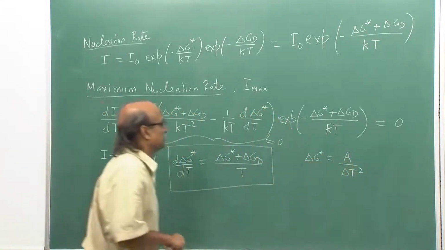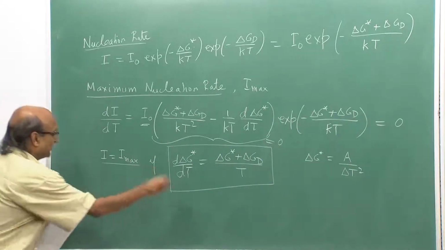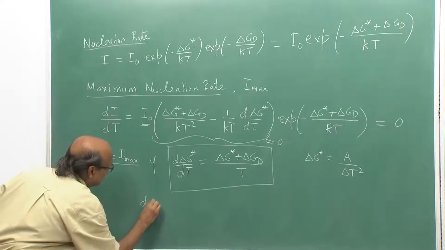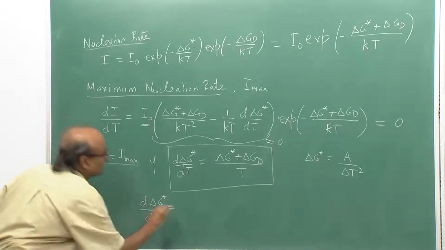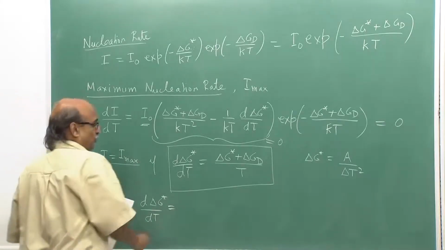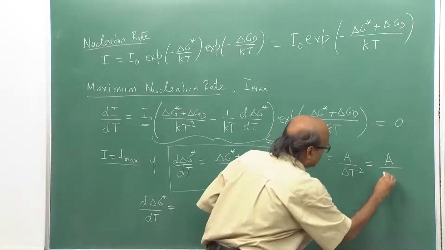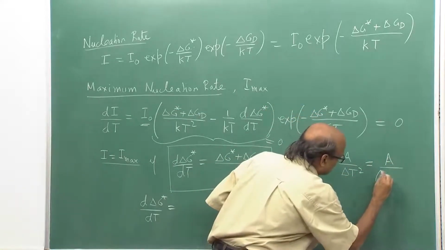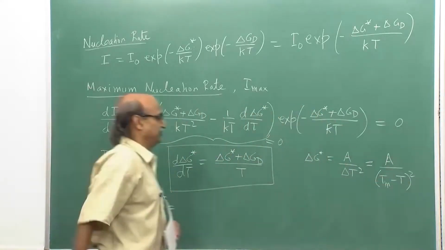So, delta G star is A upon delta T square, which means I can write d delta G star upon dT, well, I can write this first, instead of in terms of delta T, as Tm minus T for delta T square and then differentiate.